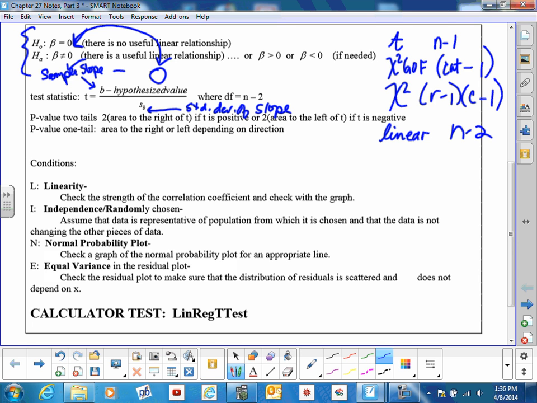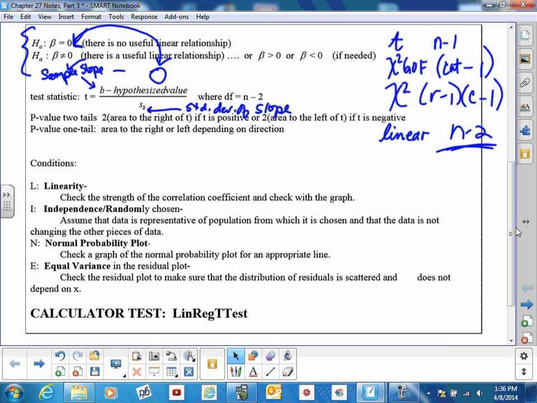You know why it's n minus 2? I'll tell you why. We have more variability. You know why we have more variability? Because it's a 2 variable problem, not just one. Variability in the x direction, variability in the y direction. 2 sets of variability, so it's n minus 2 instead of just n minus 1. Does that make sense? Okay.